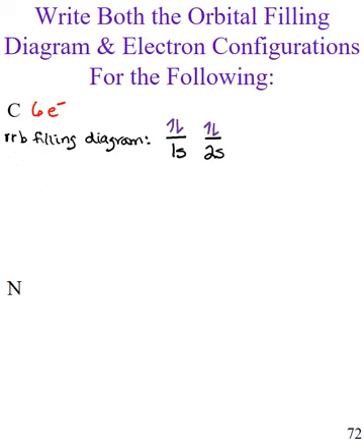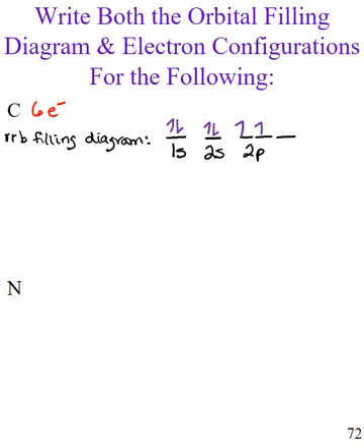And then the next orbital after 2s is going to be the 2p. Because a p subshell has 3 orbitals, I'll draw 3 lines. How many electrons should I put in here? Well, I need to get 6, and so far I have 4, so I'm going to put 2 in there. They're going to be in separate orbitals.